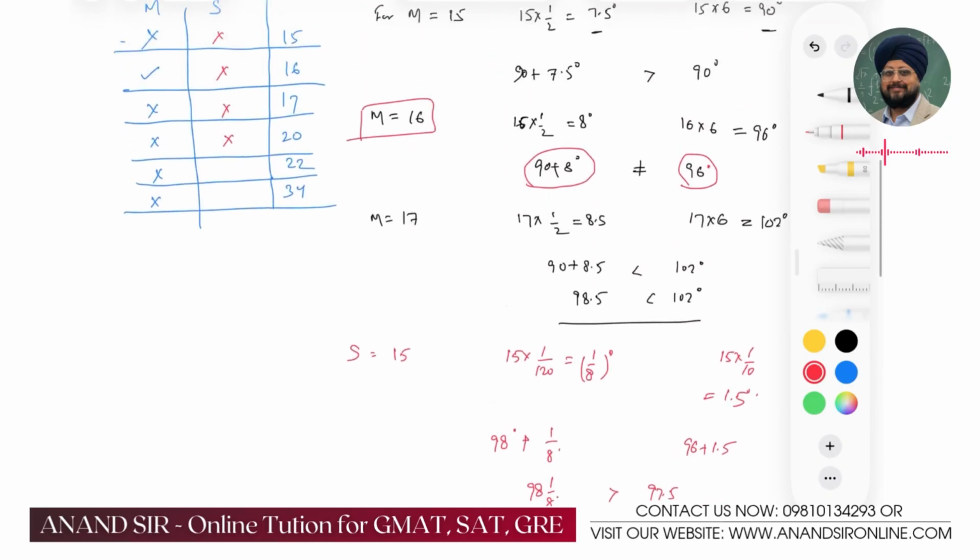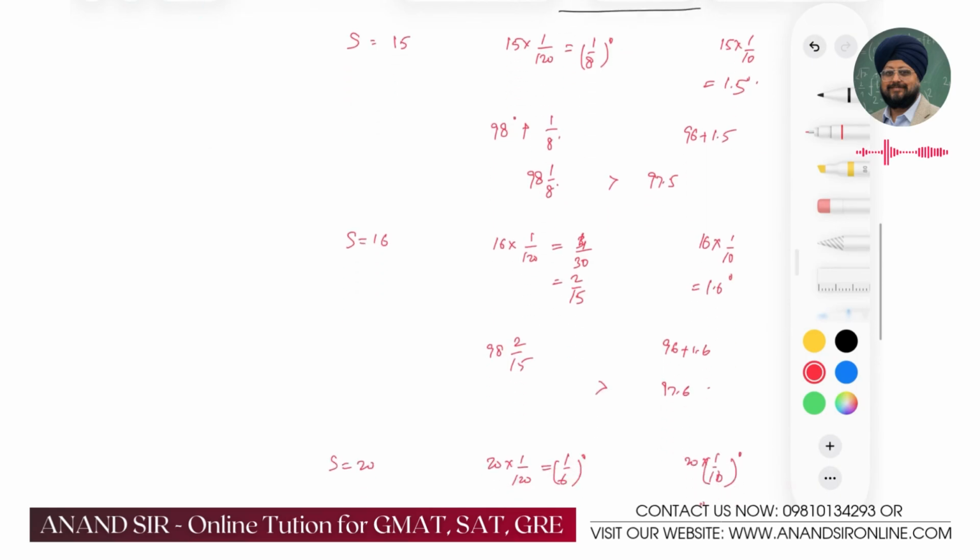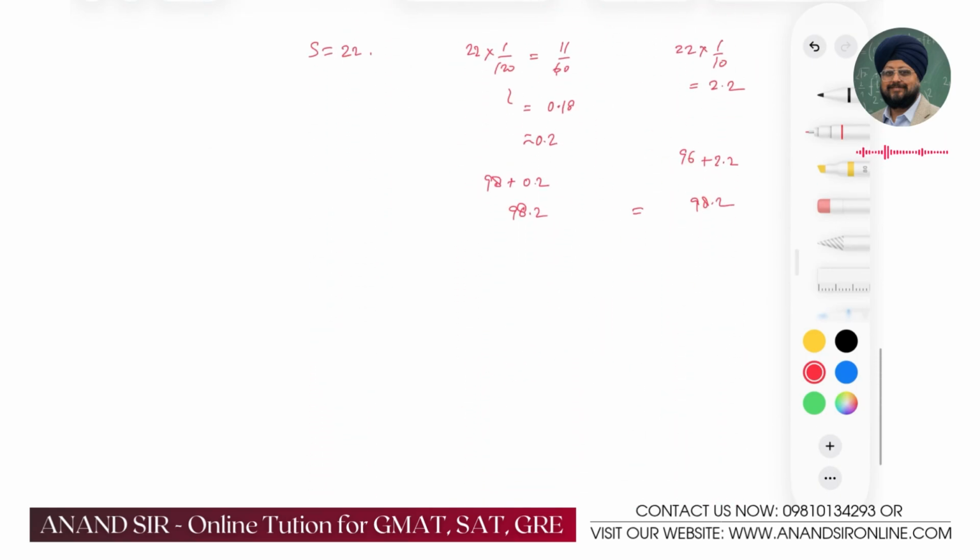It means at s equal to 22 and m equal to 16, the hour hand and the minute hand will coincide. If you want to recheck, I have taken m equal to 16 and s equal to 22.